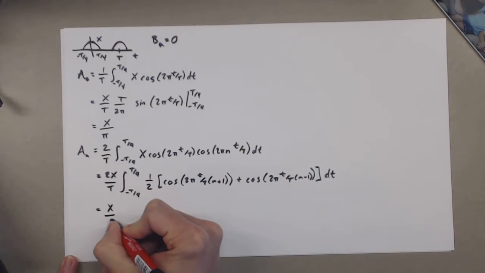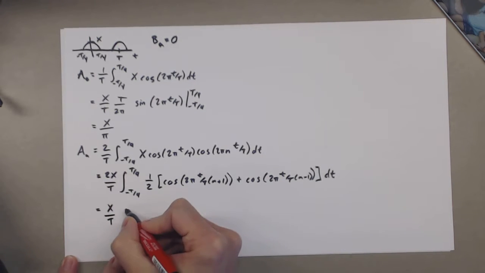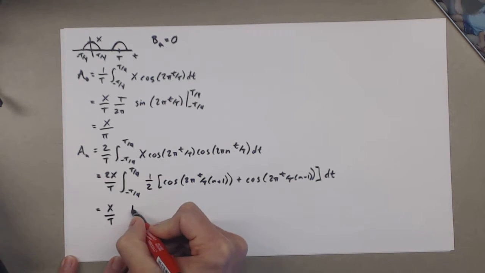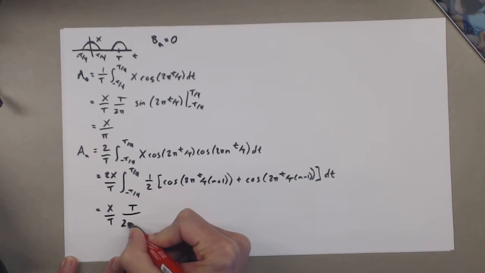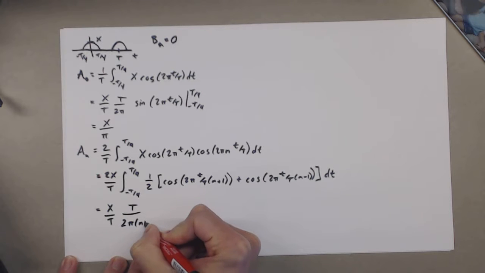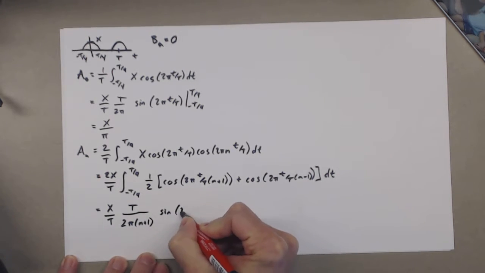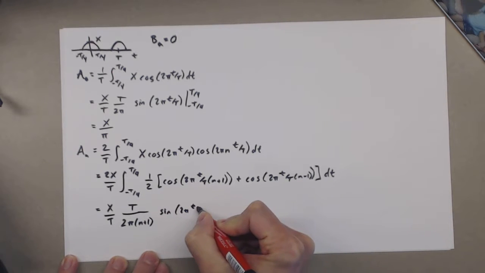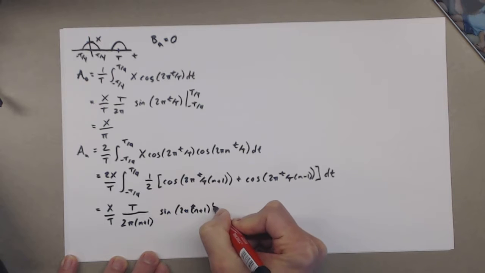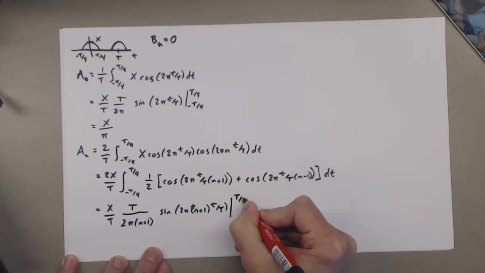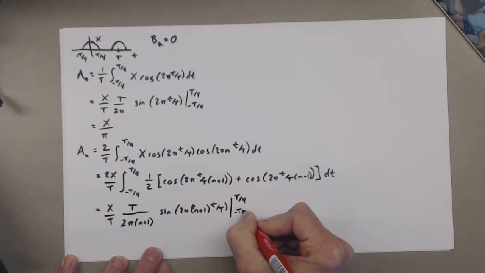So the 2's cancel, and then when you integrate the cosine, you pull out the stuff multiplying the t, and then sine 2 pi n plus 1 t over T. And we're evaluating that again, right, T over 4 to minus T over 4.